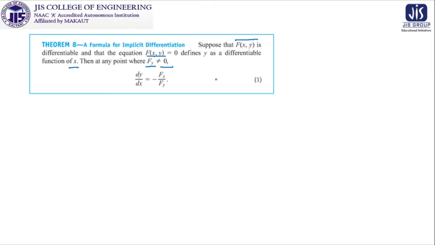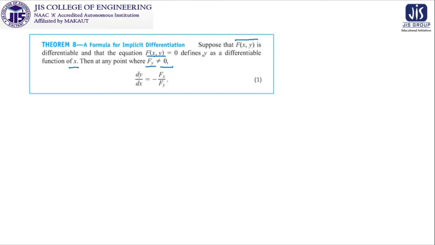So ultimately we have to keep this information in our mind: if f(x,y) is a differentiable function and f(x,y) is equal to 0, then it can define y as a differentiable function of x, and at any point where fy is not equal to 0, we can express dy/dx equals minus fx by fy.